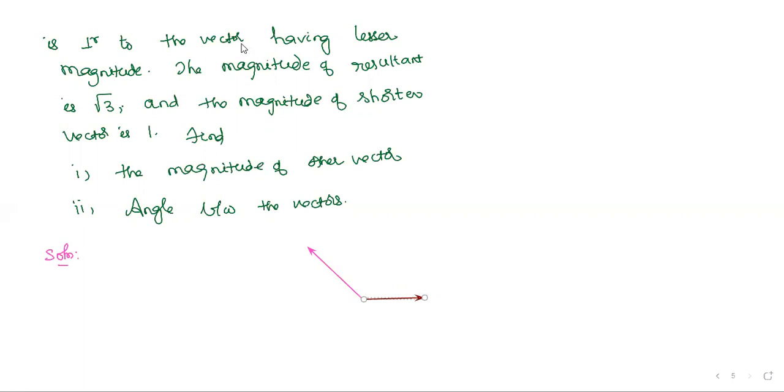So this is the resultant vector I am taking here, perpendicular to the shorter one, like this. The magnitude of this resultant he gave as √3. The magnitude of this one is given as 1. So if I construct a parallelogram with the dotted lines, then the parallel side has magnitude 1, the same. Already this angle is 90 degrees.